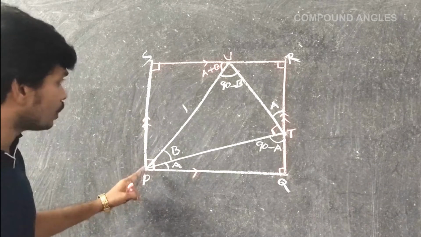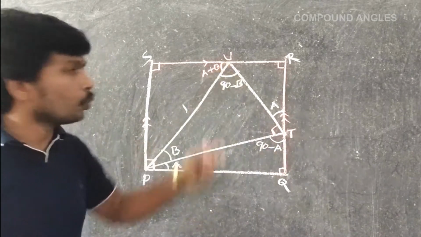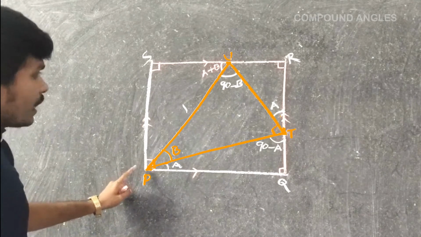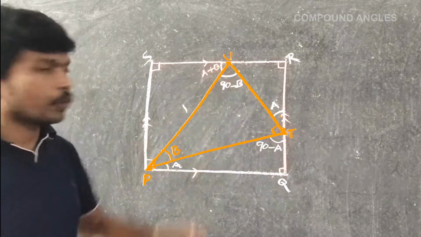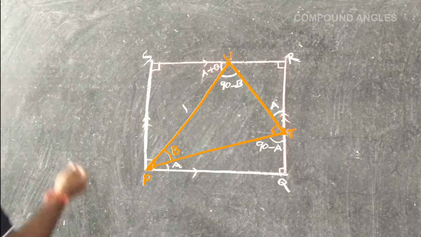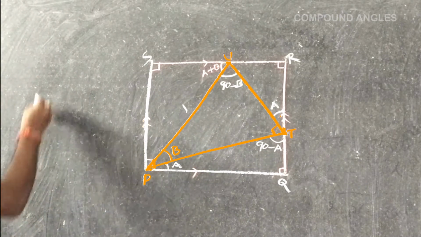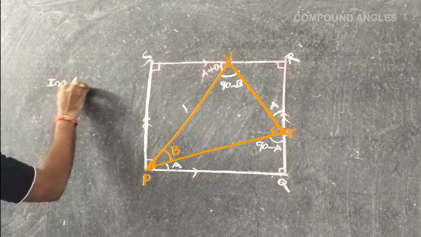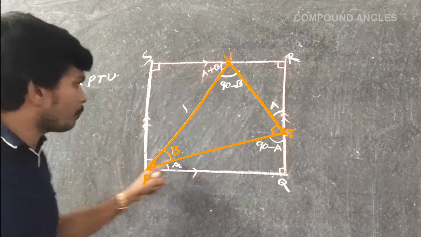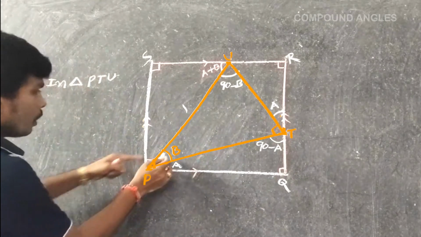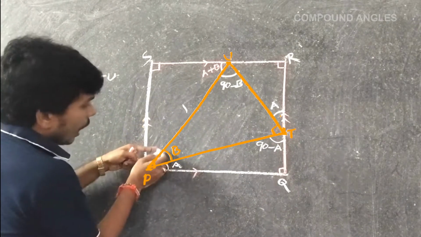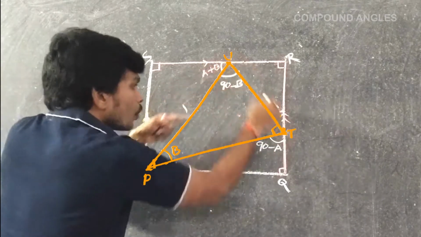So now get ready my dear kids. What happens in triangle PTU? Now we are observing triangle PTU. Okay, take that triangle. In triangle PTU, you observe PT is the angle which is opposite to UT.